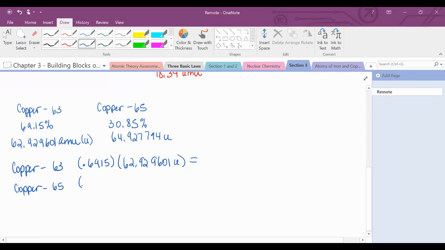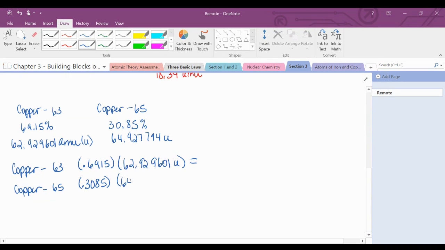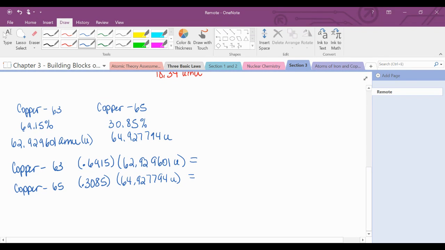So we're going to get 0.3085, and we're going to multiply it by its mass. Now I'm not going to round until the end of all my calculations. So I'm going to multiply the percentage times the mass, and whatever my calculator displays, I'm going to write down the entire value. And then we'll go back and talk sig figs.